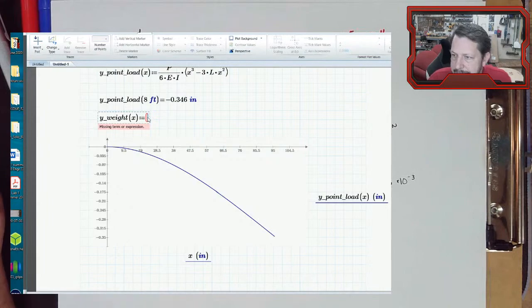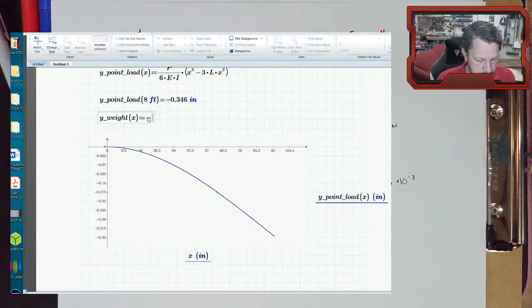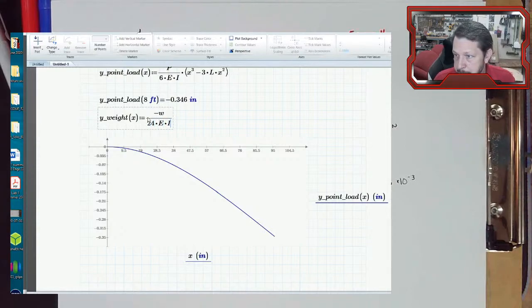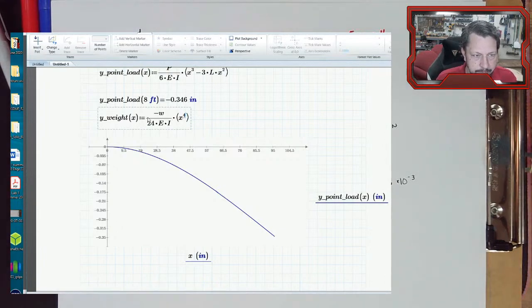All right, so it is negative W over 24 times E times I, that whole thing times x to the fourth. So that would be the position from the wall over to wherever I'm trying to calculate my deflection here.